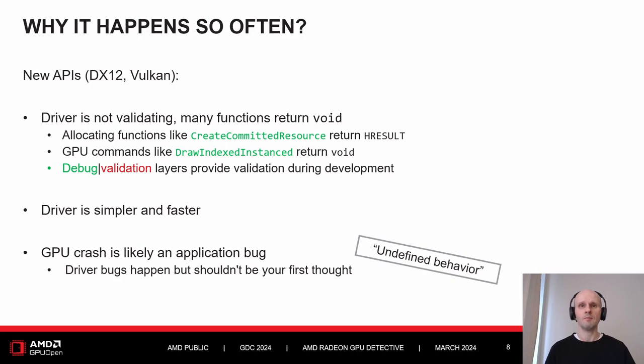And yes, there are some debug layers that we can enable for additional validation, but more on this later. Normally, driver is simpler and faster and doesn't do too much validation, but it also makes it easy to misuse the API and cause an undefined behavior, which can easily lead to a crash. Driver bugs still exist and can cause a crash, but it shouldn't be your first thought.